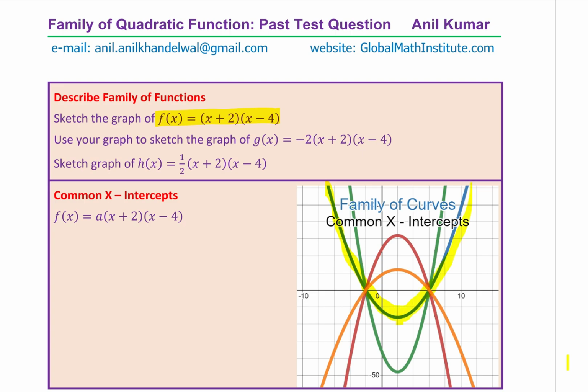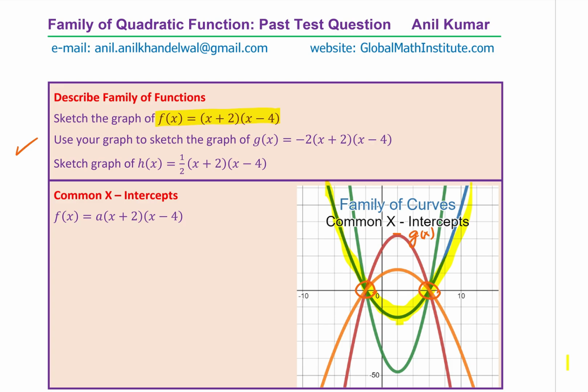Now, if I reflect this function and multiply by 2, I get the function g of x, right? So this graph is g of x for us, where the vertex is at 18. The important thing which we want to emphasize here is that the x-intercepts are still the same, correct?